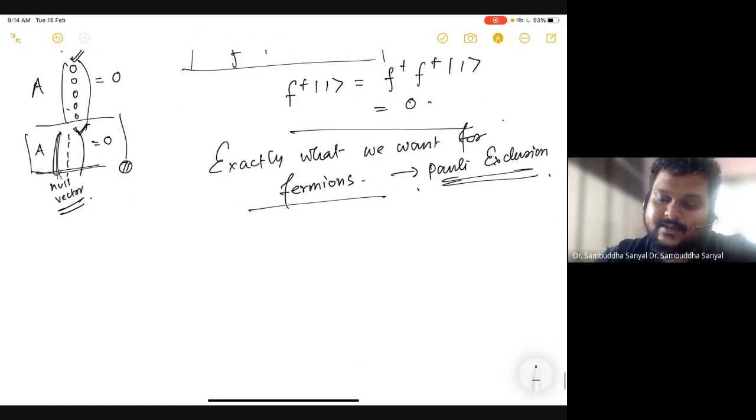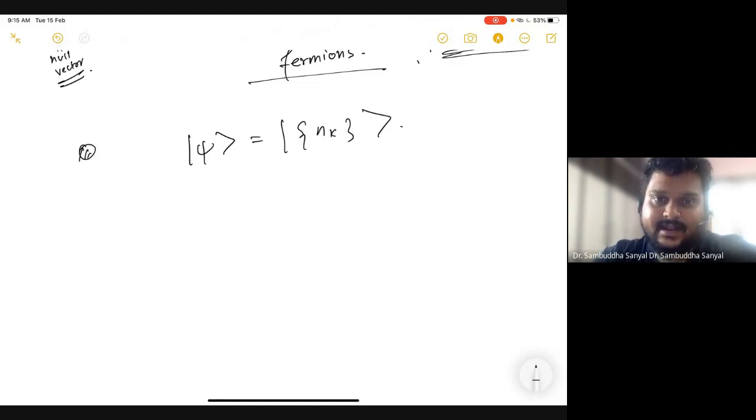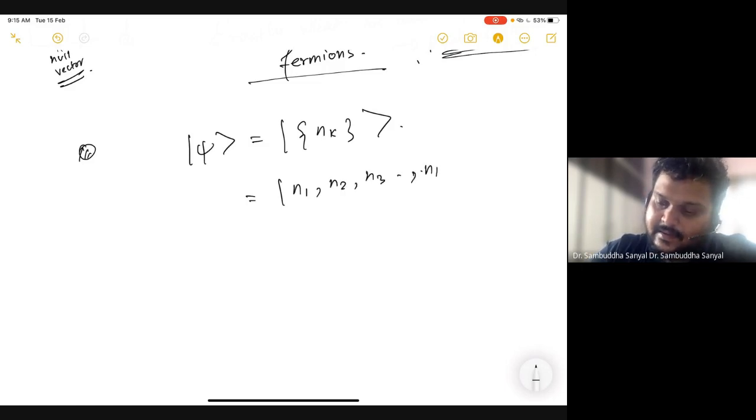Now let's use all this idea to get what we are looking for. We describe our Fock state as |nk>, which is n1, n2, n3, and so on.